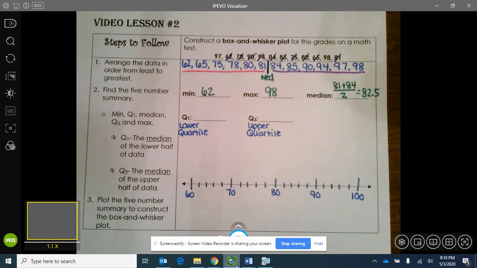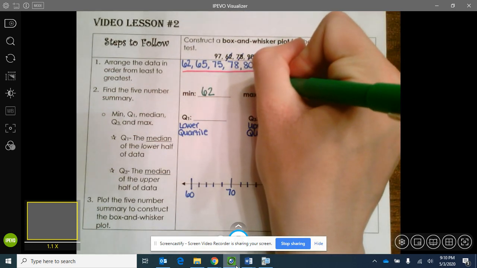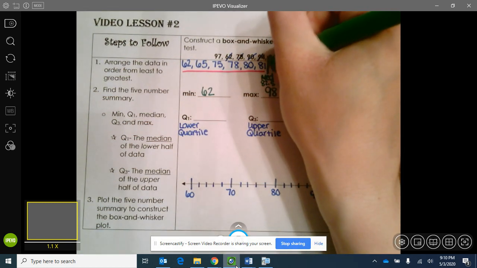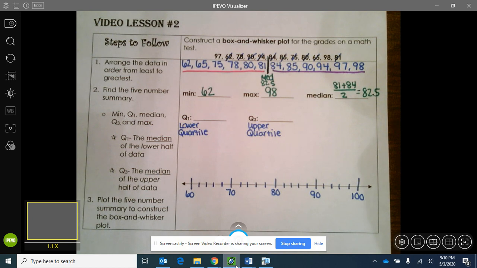So that's my median, 82.5, right here. Once again, when you're constructing box and whisker plots, it really is helpful to draw a line where the median is, because that median divides your data into a lower half and an upper half. And that's really important when we go to calculate Q1 and Q3.